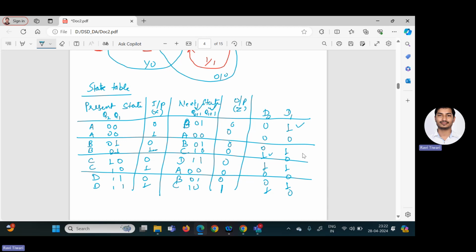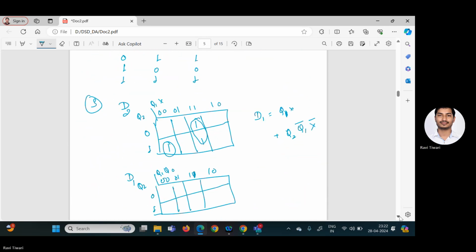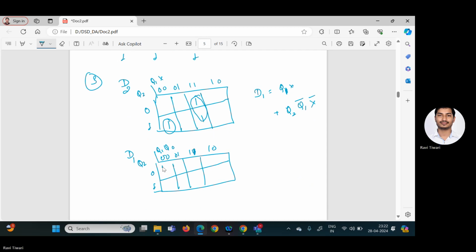So 0, then 2, then 4, then 6. Okay, so you will get the expression here. This is 0, 2, 4, and 6. So that will make a quad, and for this quad, the expression of D1 will be equal to X bar.